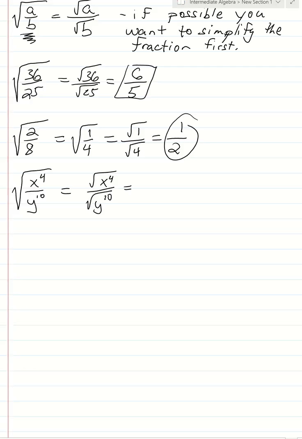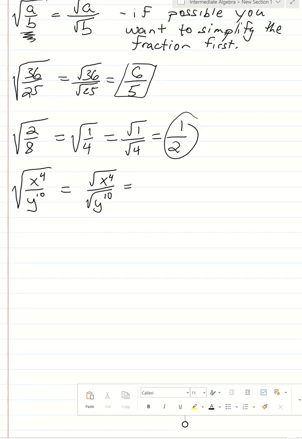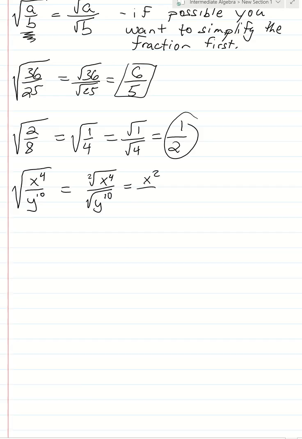And since 4 is a perfect square, we can divide 4 by 2, and that would give us x squared on top. And if we were to take the 10 and divide it by the root index 2, 10 divided by 2 would give us y to the 5th in the bottom. And that would be your simplified radical.